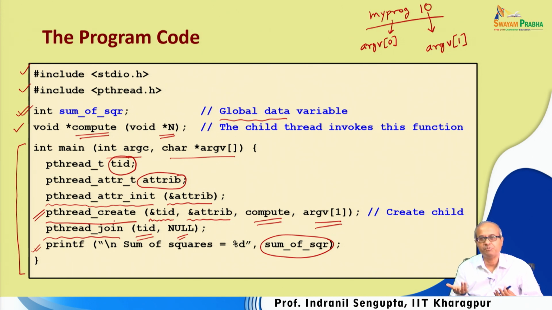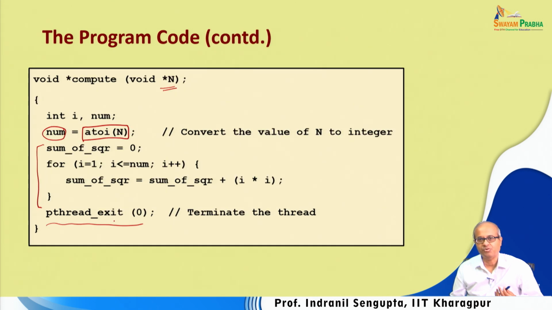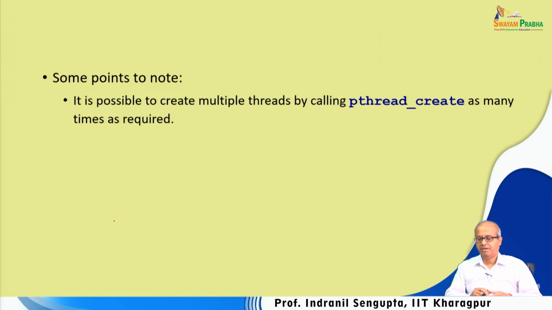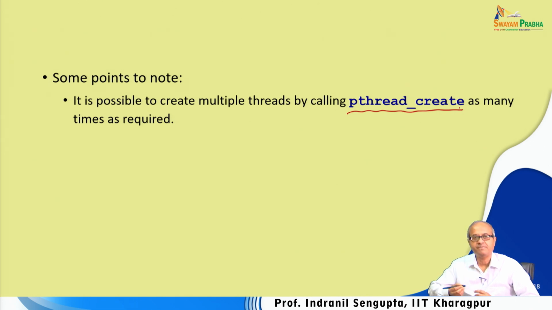So, it is entirely up to the user to write this code and to specify exactly how this has to be done. Right. Now, this is what I am saying, that you can create as many threads as you want by calling pthread create as many times as you need.